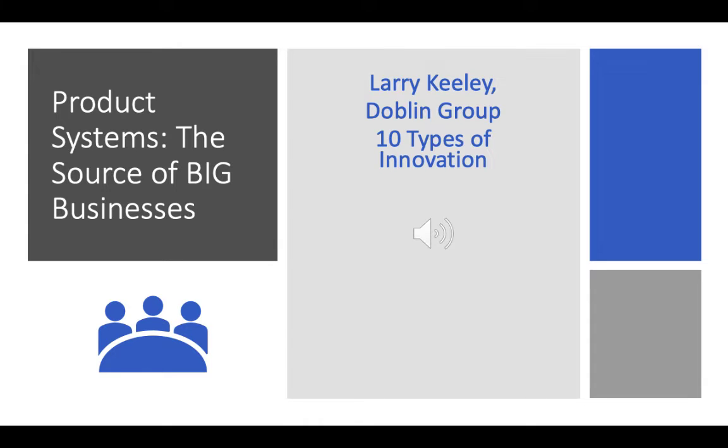I had an interview for my Innovation Best Practices podcast with Larry Keeley of the Doblin Group, of course, the founder of this particular 10 types of innovation. And in that conversation, he talked rather eloquently about the importance of product systems and product platforms. So I've taken an extract out of that podcast to share it with you and listen to his words of wisdom.